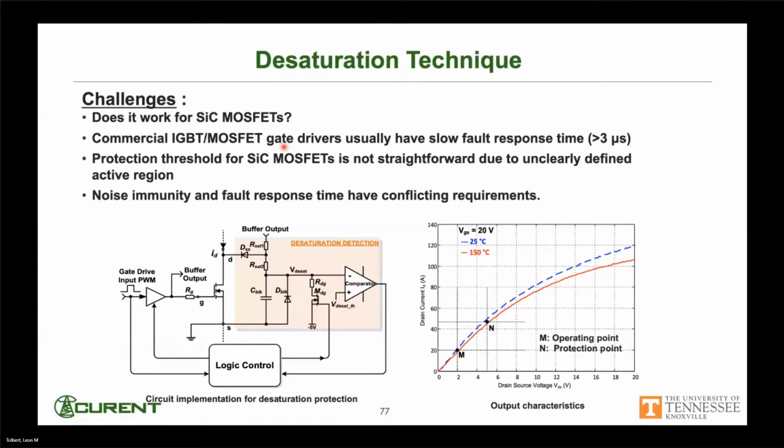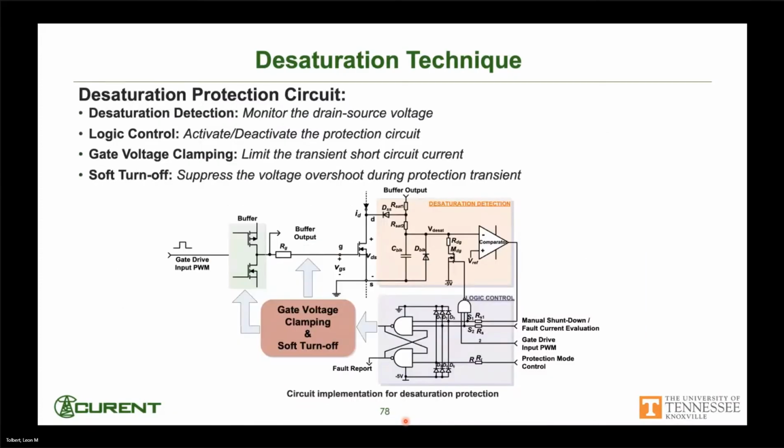The DSAT technique, of course, had been used quite a bit for silicon IGBTs, and so we wanted to check if that would work for silicon carbide MOSFETs and be able to work much faster and still have noise immunity and whatnot. Basically, what we did was add some additional logic here and then have this DSAT detection circuit here.